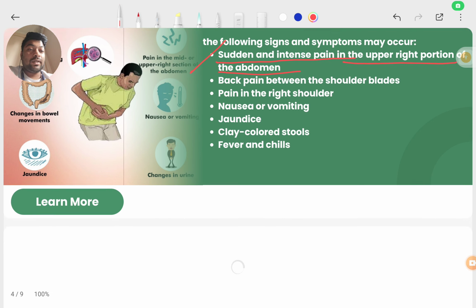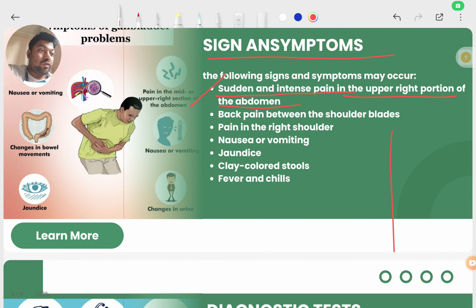If we divide the abdomen into four parts, that is upper right, upper left, lower right and lower left, the liver and also the gallbladder are present in the right upper quadrant.